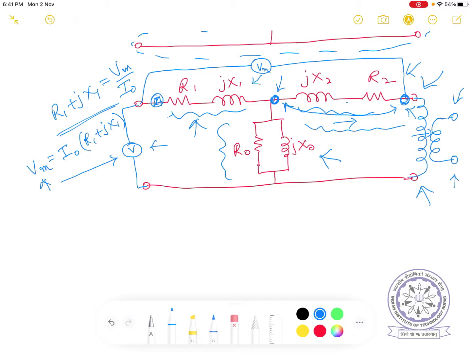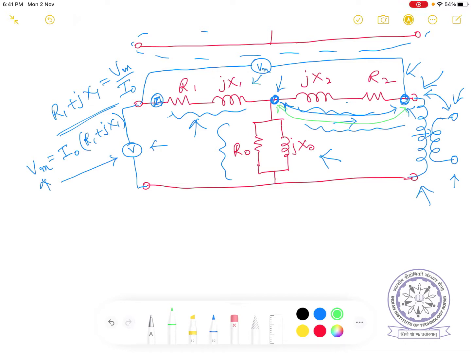But remember, this terminal is not at the same potential as this terminal because of the turns ratio problem. But you need the potential of this point. I will use the potential of this point and this point to be the same, because you are accessing the voltmeter connection here.